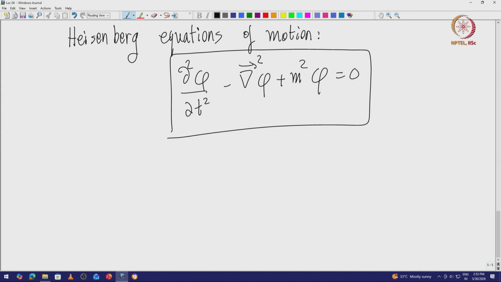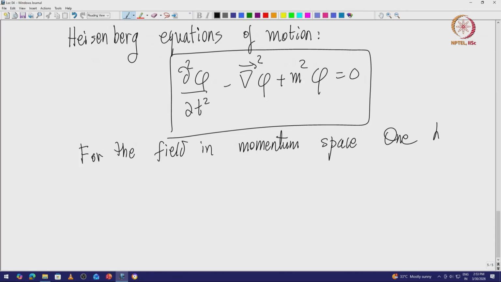Now I can write for the Fourier transform field, if I put it back into this equation, for the Fourier field in momentum space, I have del squared phi tilde k of t by del t squared, and del squared becomes k squared in momentum space.